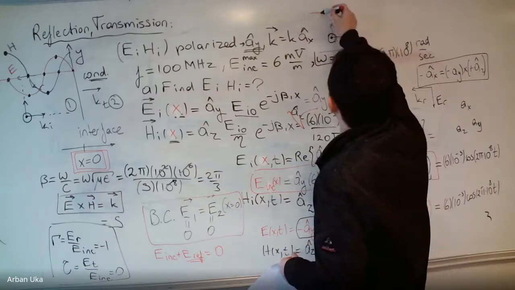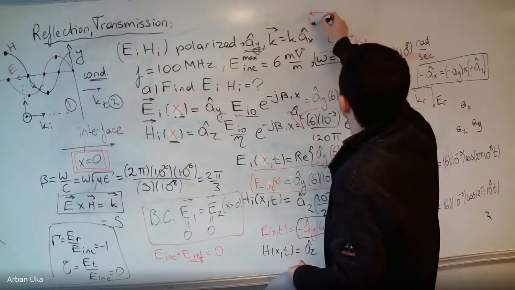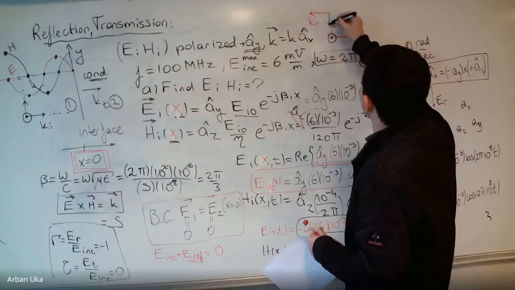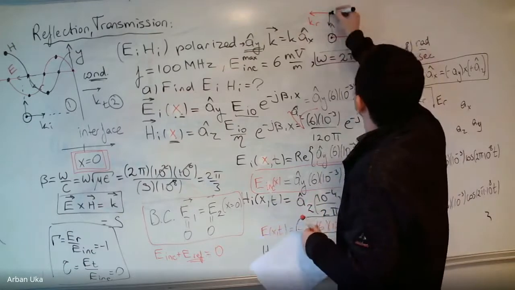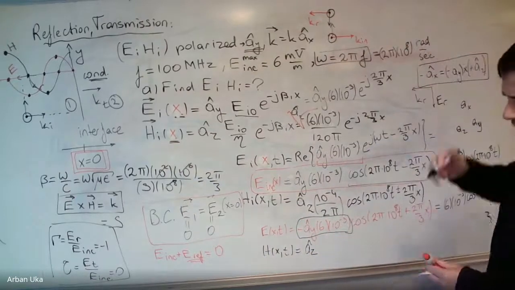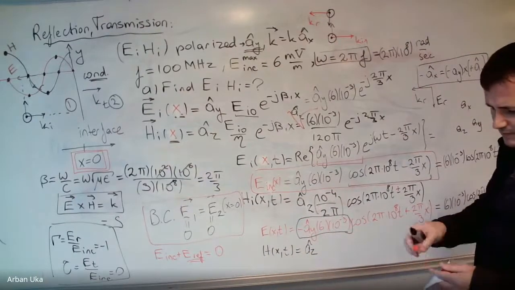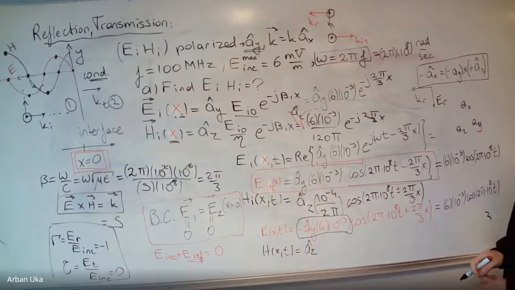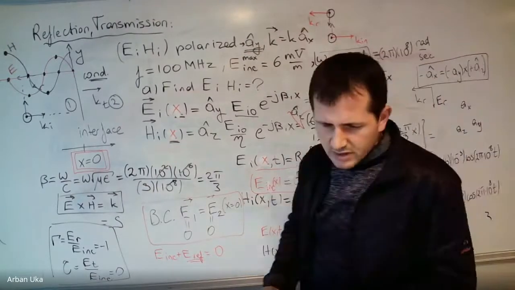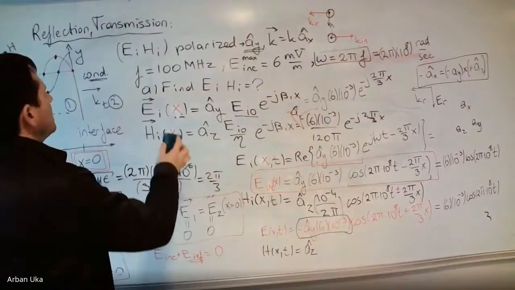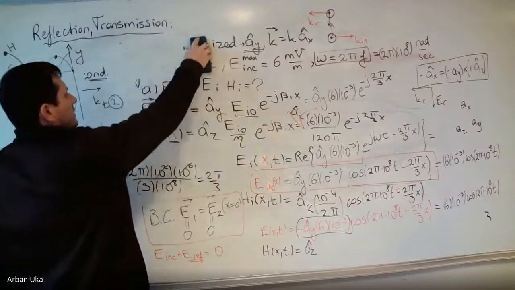And when these are reflected, this is KR, the electric field points down, and the magnetic field points up. So these are the triplets of vectors. With these we can now try to determine E1 and E2, and we can erase this part.